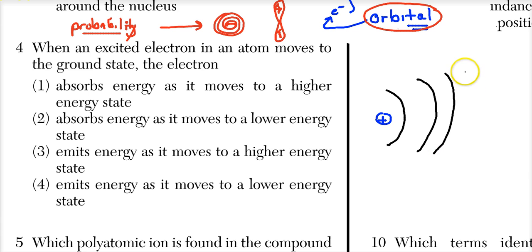So these are circular orbits, and what you should know is electrons that can exist close to the nucleus do so because they don't have as much energy, because they're being controlled by that Coulombic attraction. So electrons that are closer have lower energy, and you need to understand lower energy means stable.